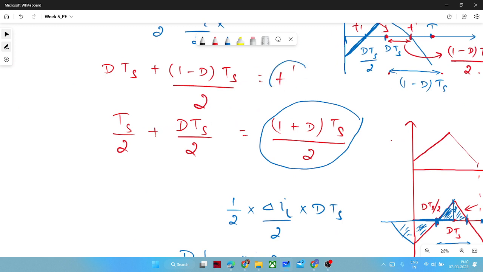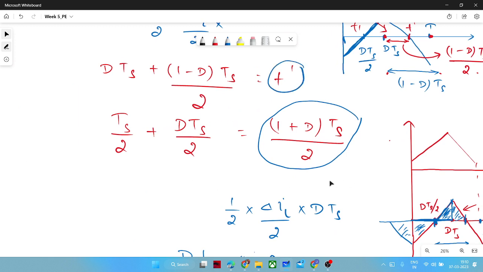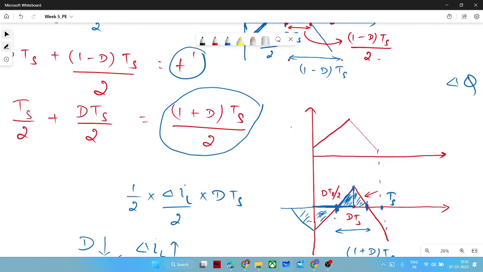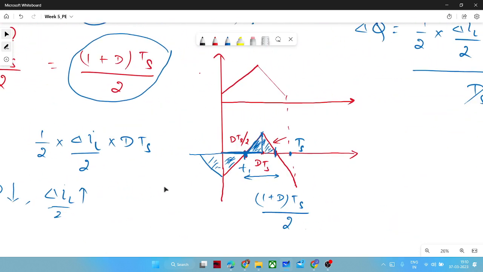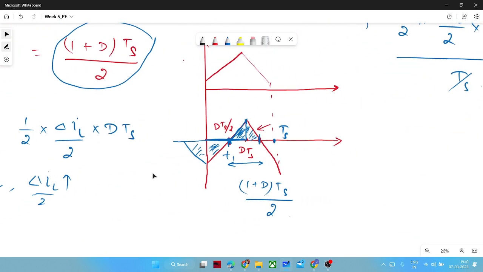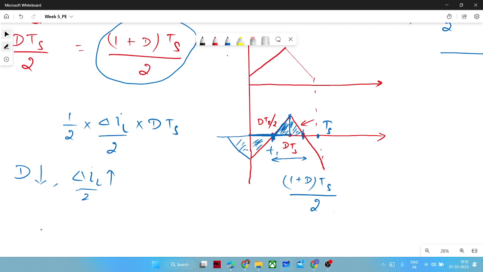What I missed is T dash minus this T1, right? So that's the point. Now (1 plus D) into TS by 2 minus DTS by 2, so that will be our delta T.